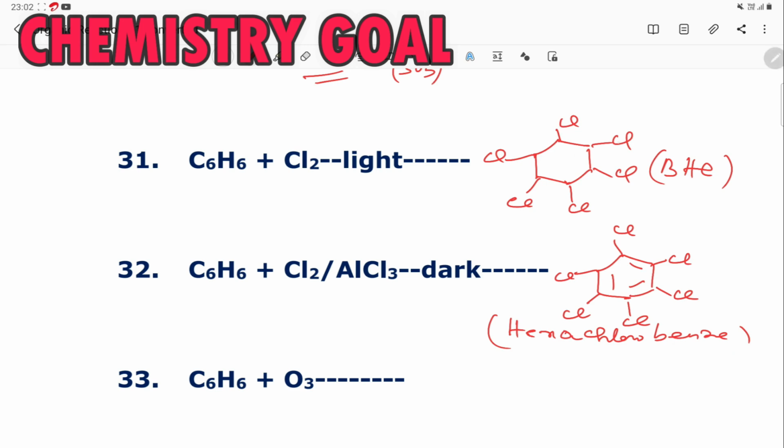The first one is an addition reaction and this is substitution. This is the difference: here there is no double bond, and here the double bonds remain.